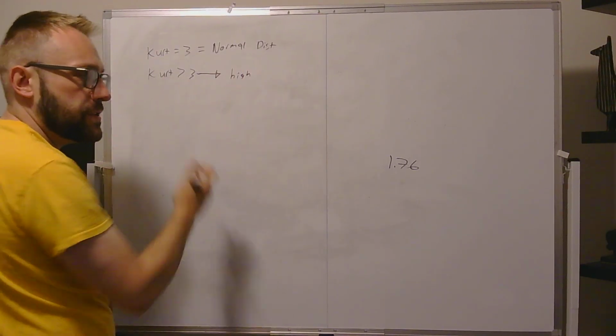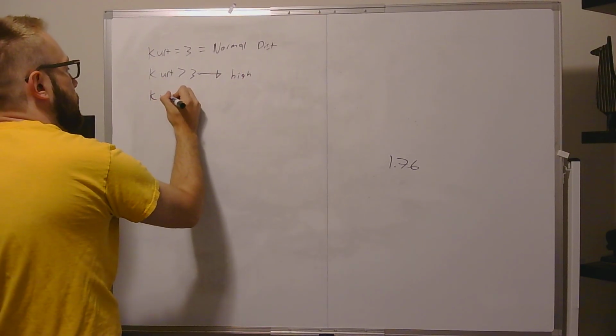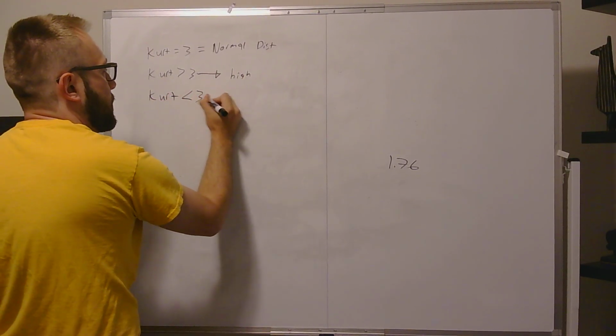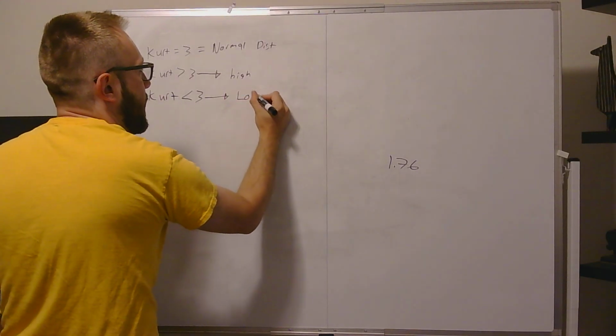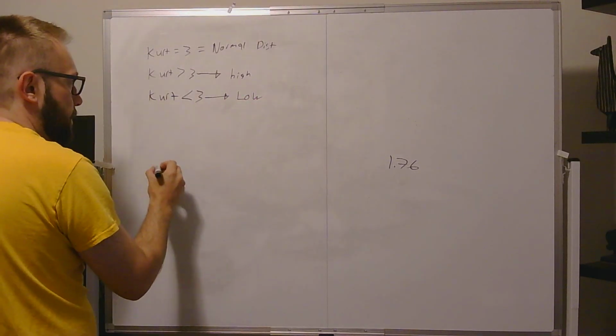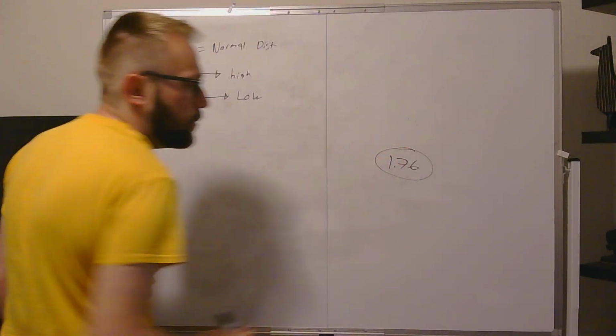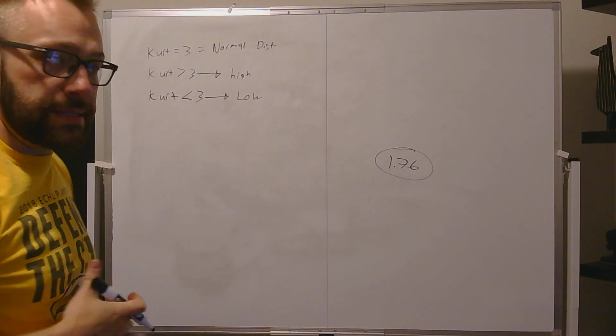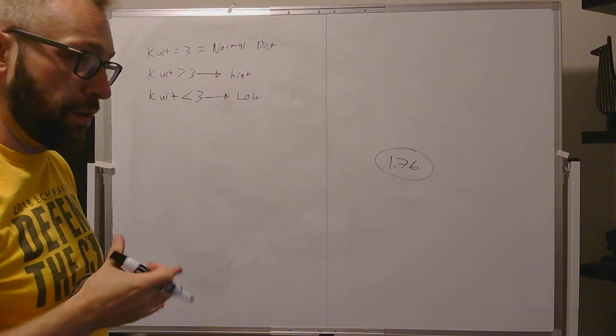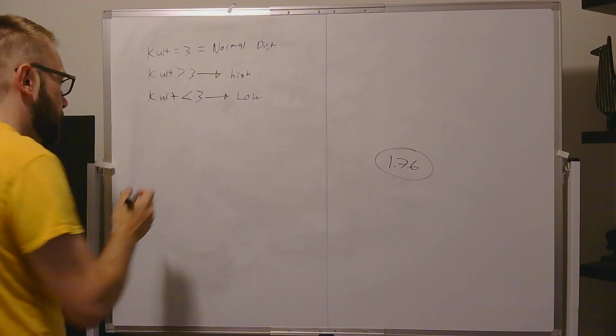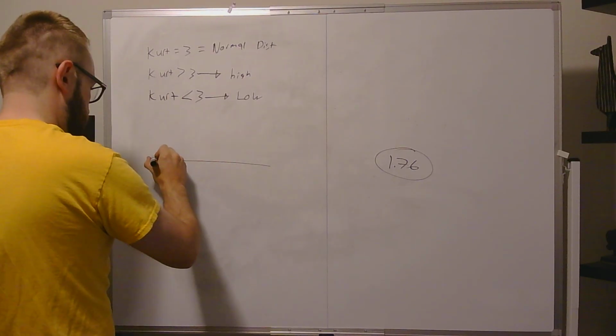So that's high kurtosis. If we have a kurtosis that's less than 3, we would consider that a low kurtosis. So in our case, when we calculated 1.76, our data set was actually low kurtosis, lower than normal distribution.